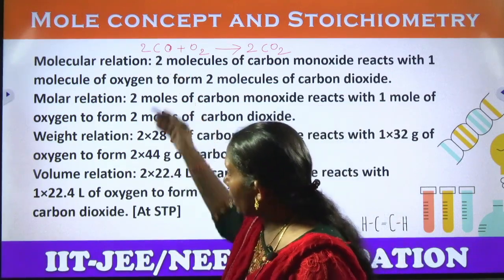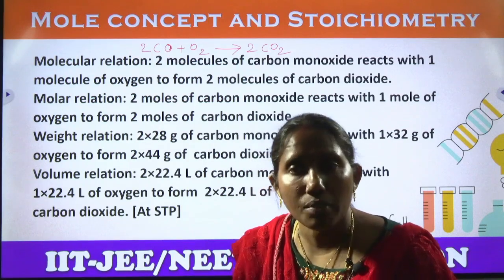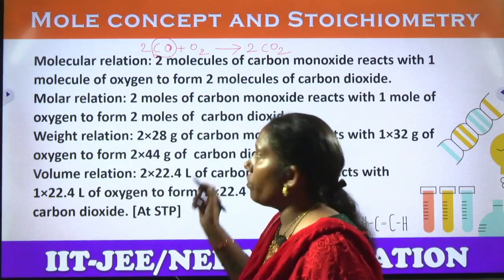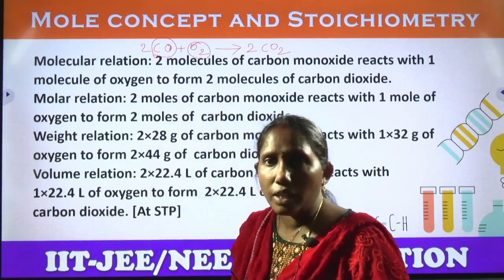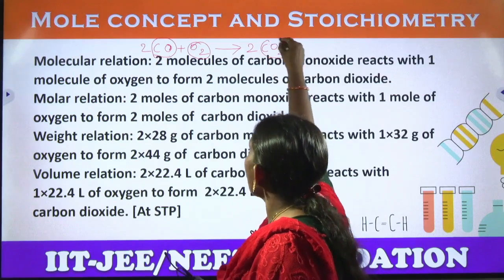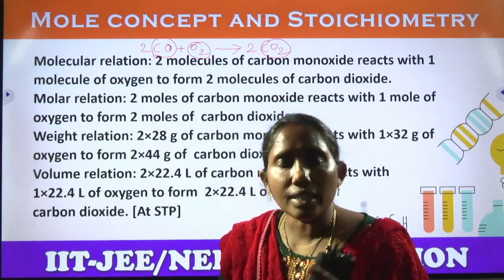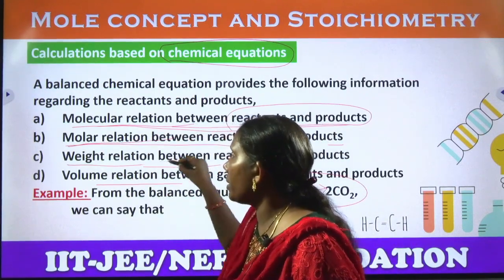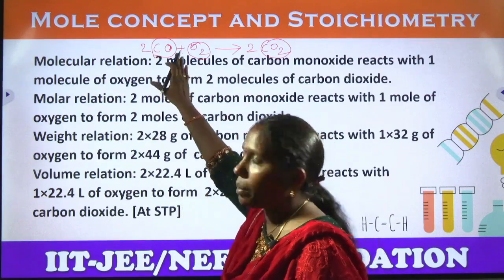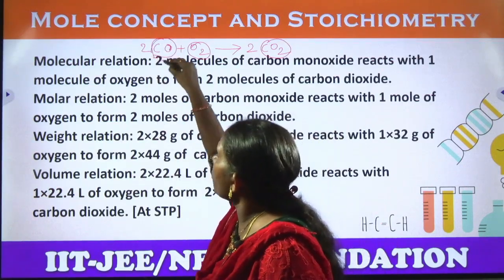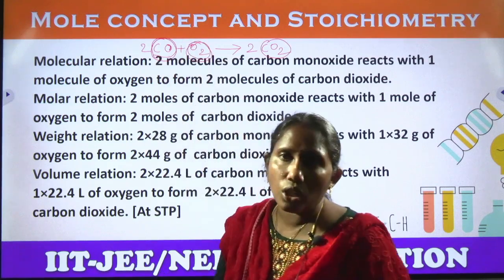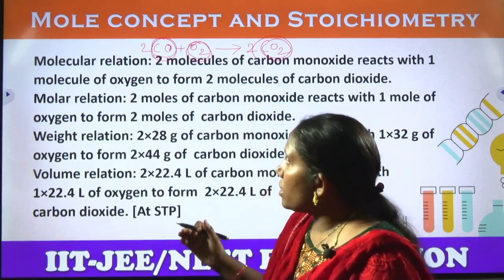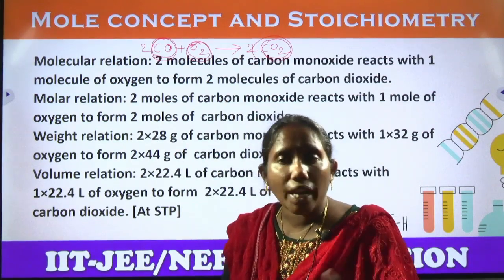We have these many types. In terms of molecules we can read: 2 molecules of carbon monoxide reacting with 1 molecule of oxygen gives you 2 molecules of carbon dioxide. That is in terms of molecules. Next, in terms of molar, we have to take moles.